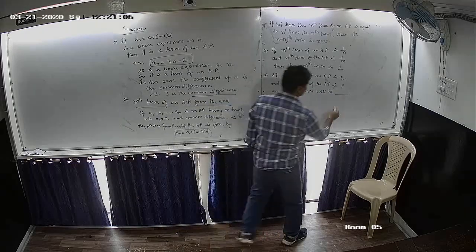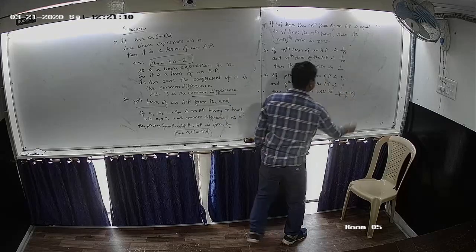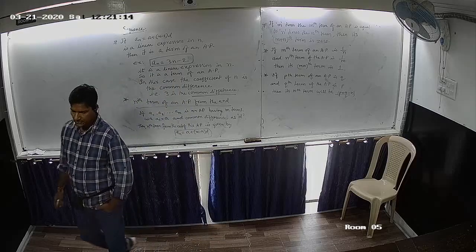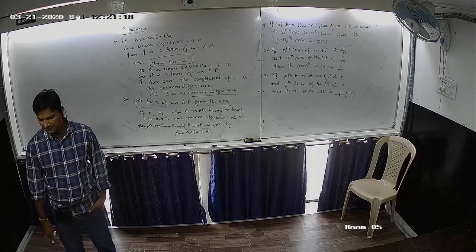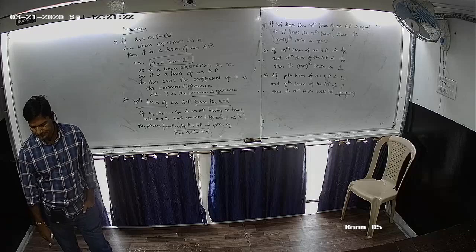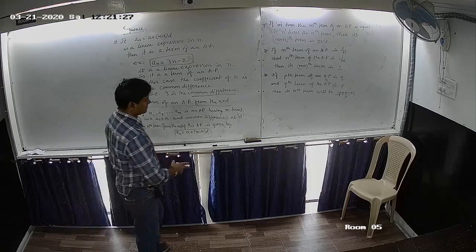It will be equal to p plus q minus n. So if pth term of an AP is q and qth term of the AP is p, then its nth term will be given by p plus q minus n. So these are few results which you must remember.